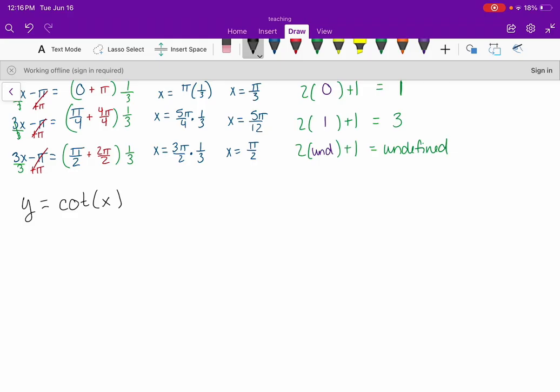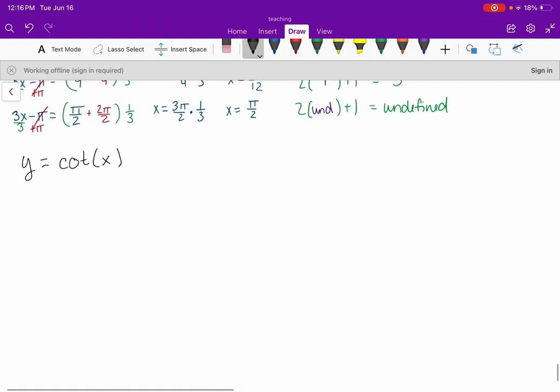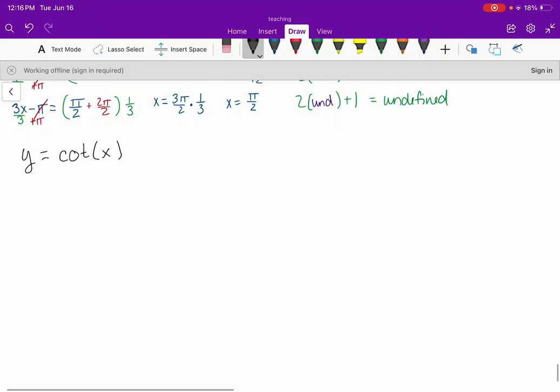Now let's do cotangent. I'll do this one a little quicker. So tangent is sine over cosine. Cotangent is cosine over sine.